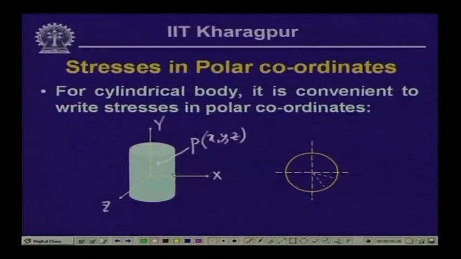Also, this particular point can be represented through another reference system: if we project this point on this xz plane and draw a line over here, this particular angle, if we define that as theta, and if this projected length is the radius vector r and this distance is y, then the coordinate of this particular point can be expressed as a function of r, theta and y.